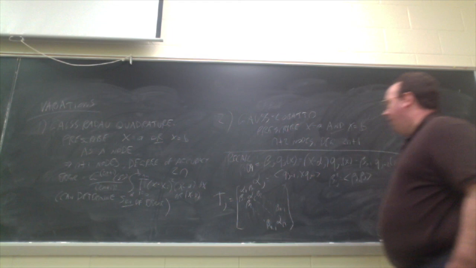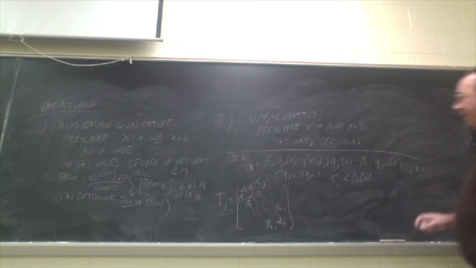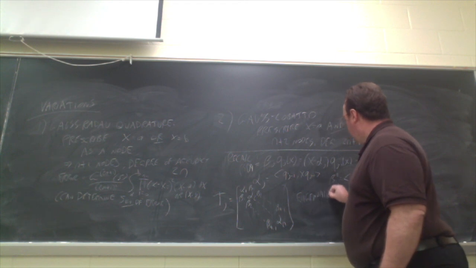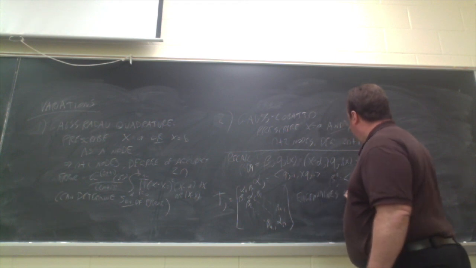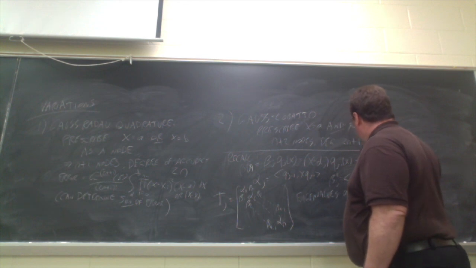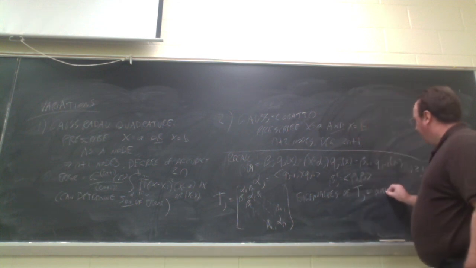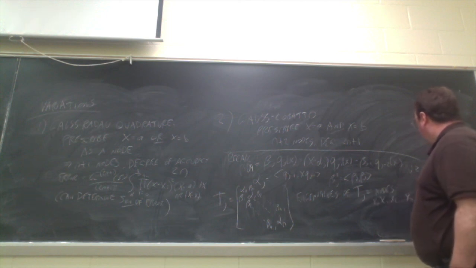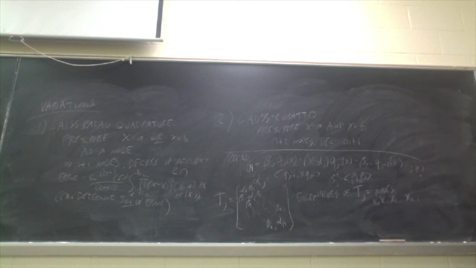Okay. So what happens here is the eigenvalues, this will be familiar to almost all of you. So the Gaussian quadrature nodes are the eigenvalues.